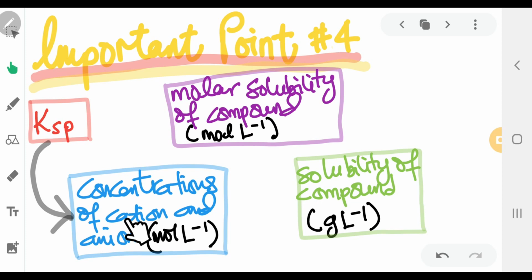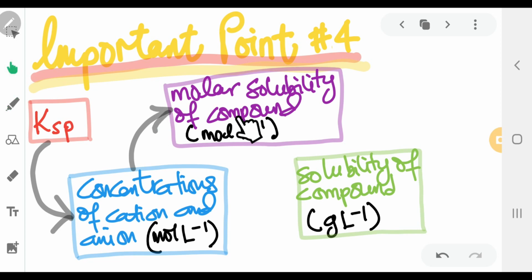So if you want to find the solubility of the compound or the salts, or maybe even the molar solubility, and the KSP value is given to you, from the KSP value we're going to use the ICE table to find the concentration of cation and anion. And then from here, you're going to move on to finding the molar solubility.